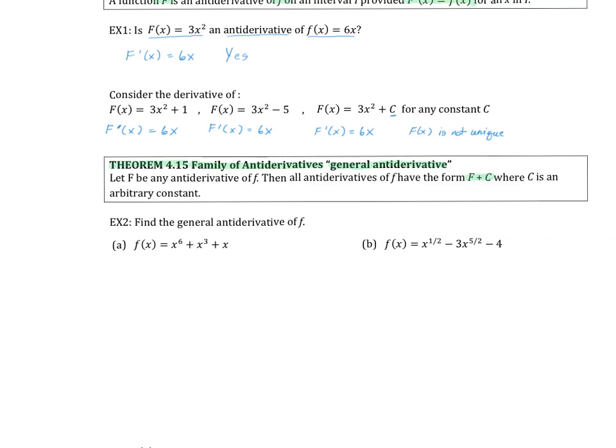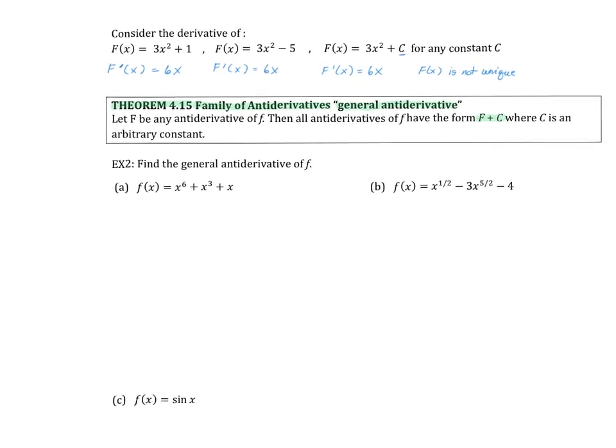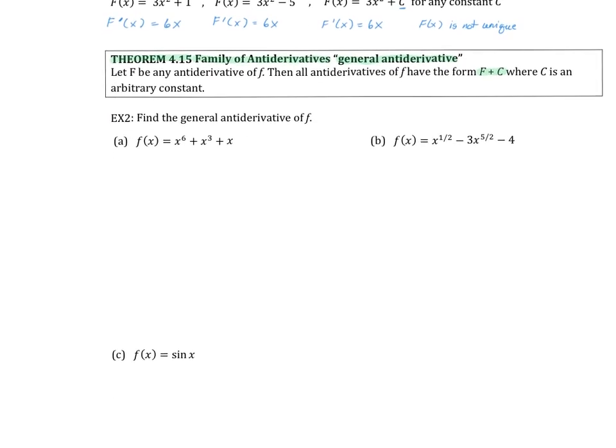So we talked about what an antiderivative is. How do we find the antiderivative? And it just depends on the function that we have. In example 2a, my function is x to the 6th plus x to the 3rd plus x. Now if I was going to find the derivative, I would take the exponent 6 and bring it in front.